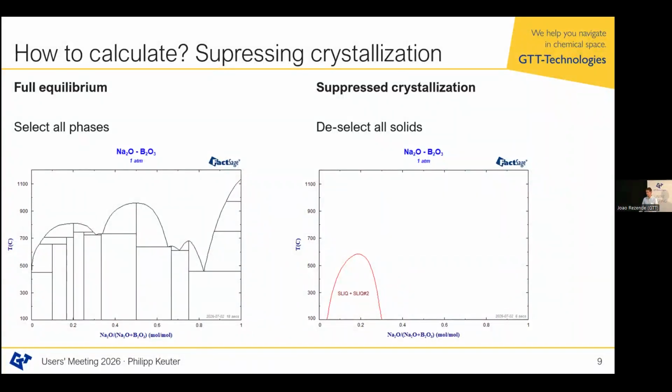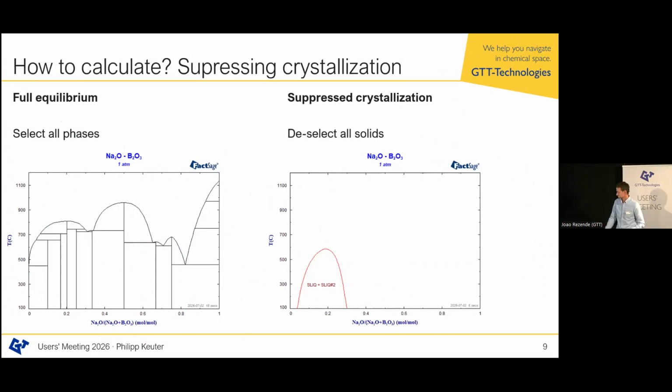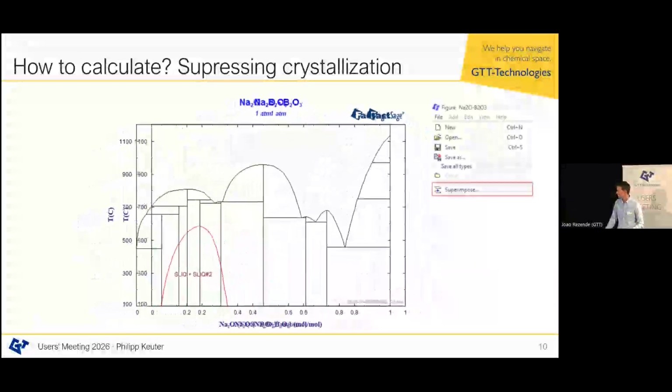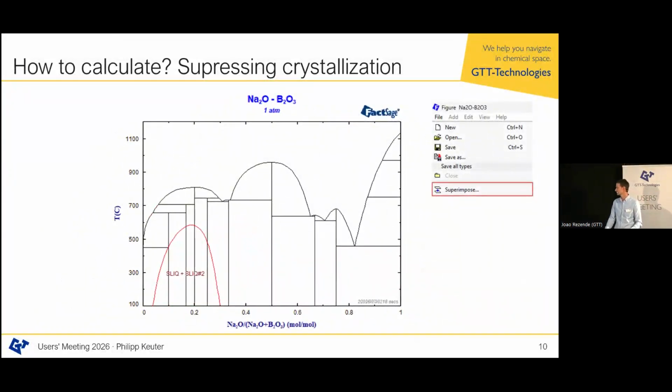We allow for phase separation by having the J option active, and then we get two completely different phase diagrams, right? And by superimposing these with the phase figure module, we see that we can reproduce what I've shown you before. It's a superimposition. It was not a correct phase diagram, right? Because it includes also the metastable miscibility gap, which is very important.